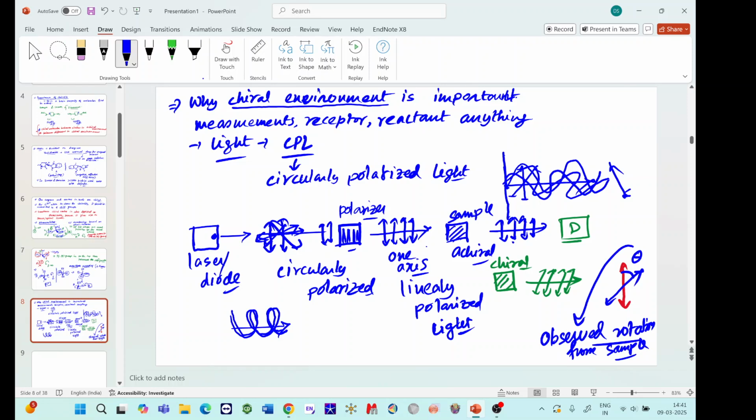This is a property of chiral molecules to rotate the plane of polarization, and that's what I call a chiral environment. Circularly polarized light is not a chiral environment, but when it is linear, then it is a chiral environment, and your molecule interacts with it. Clear, right?